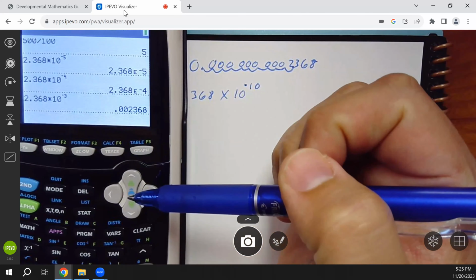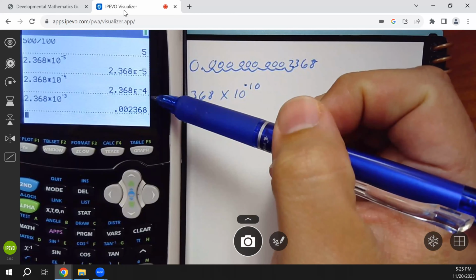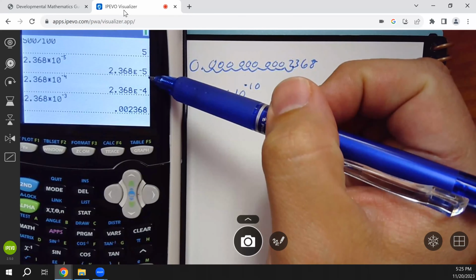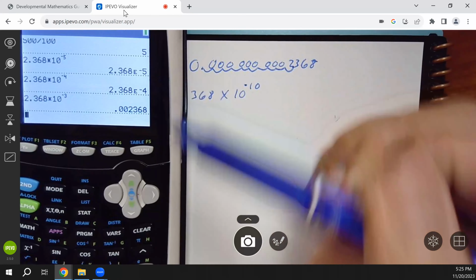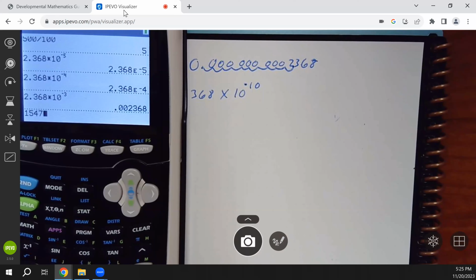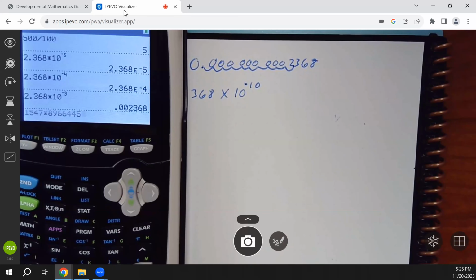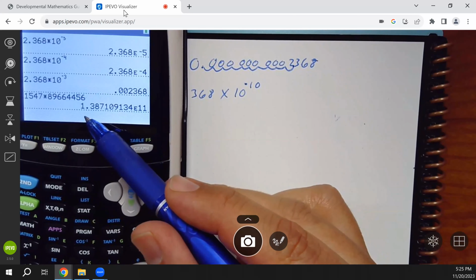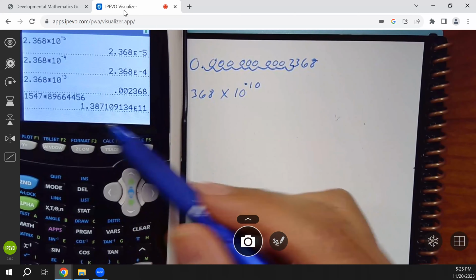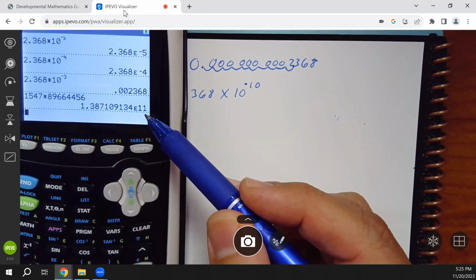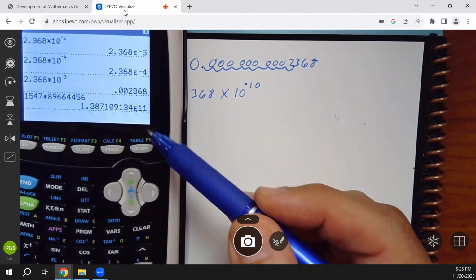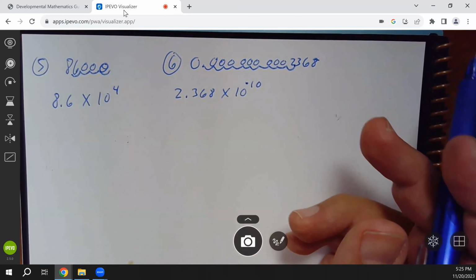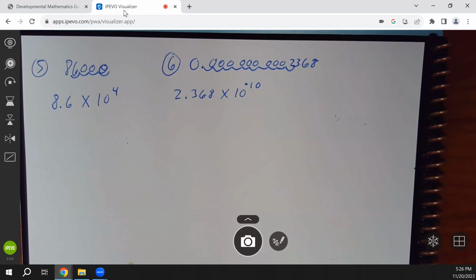Okay. -4 would move it 4 times. But if you see in your calculator these E things, it's basically scientific notation. So whenever you do a huge number, they automatically do scientific, like 1.3 whatever times 10 to the 11. That's what they're saying. So the calculator is technically doing that in the background. They're not going to write all those digits.